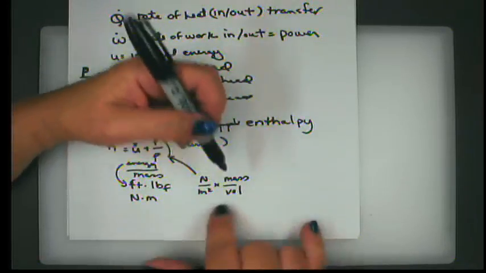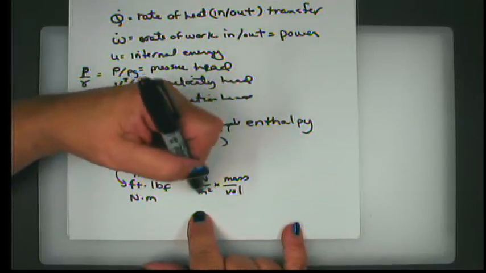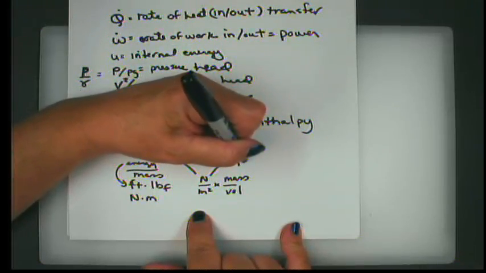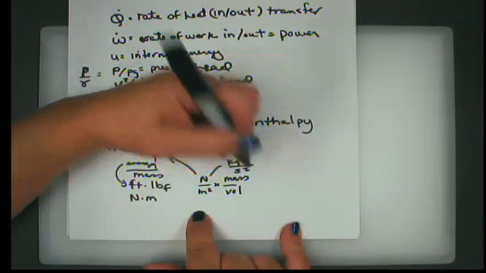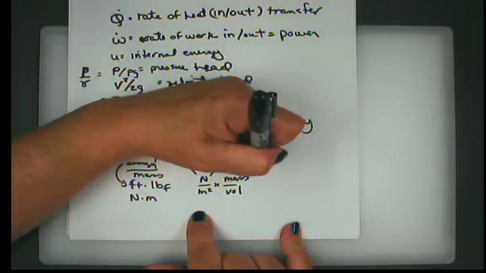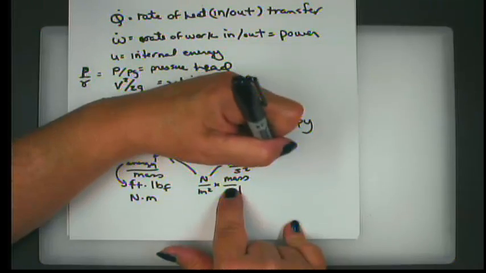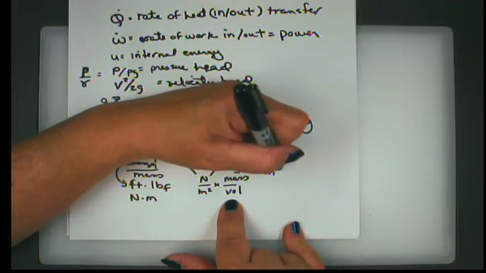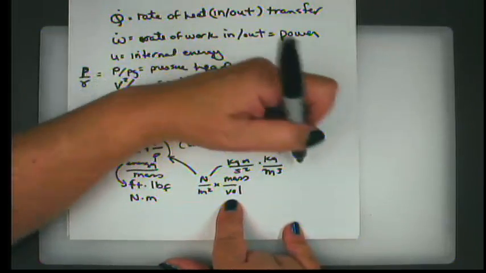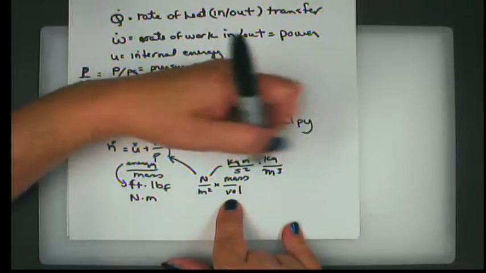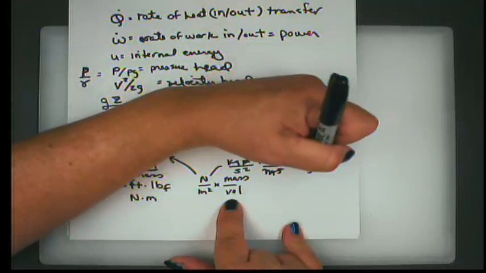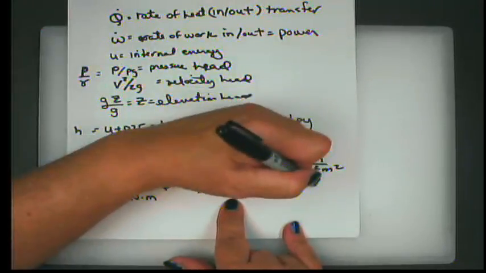Okay, so if you take a look at this, you get Newton is a kilogram meter per second squared, and mass would be measured in kilograms. Volume would be measured in meters to the third. So if you get kilogram per second squared meter squared, where do we go with that?